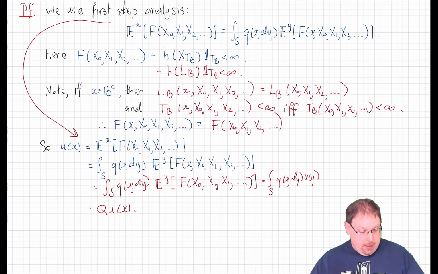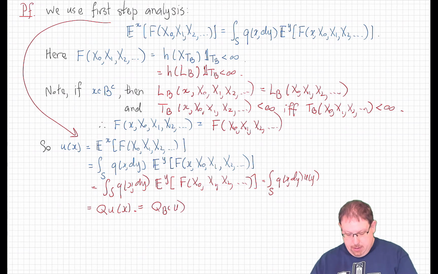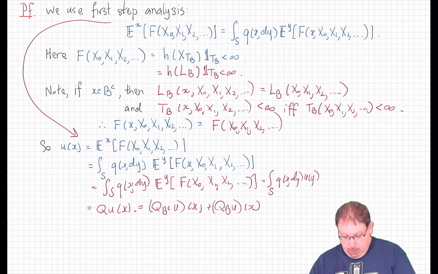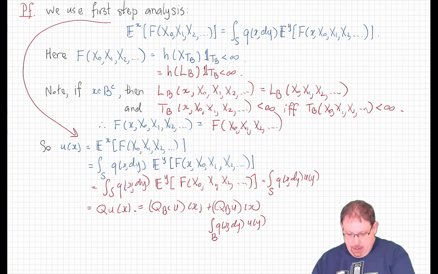And finally, let's use the decomposition of Q. That's Q_B complement of u at x plus Q_B of u at x. And that second term, by definition, is the integral of Q of x dy integrated against u of y over B. And if y is in B, we know that u of y is equal to h of y.